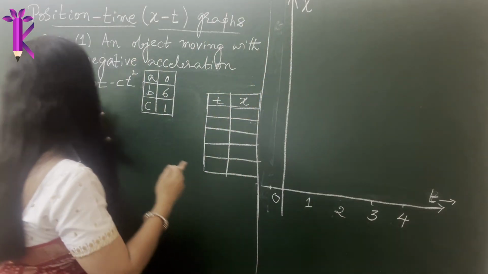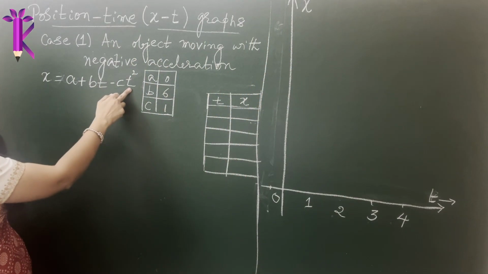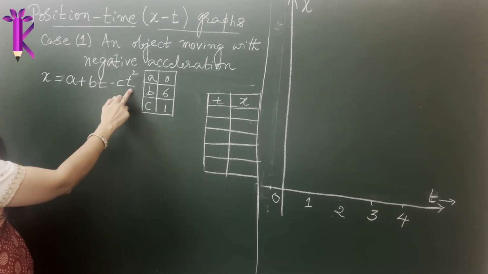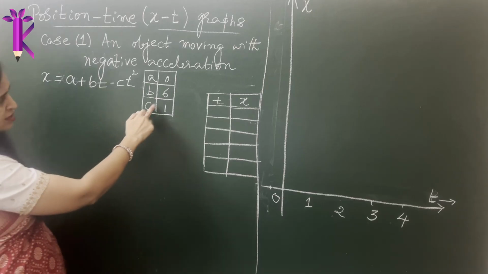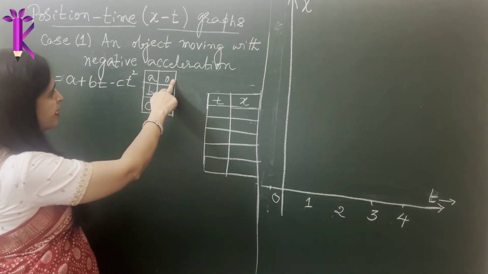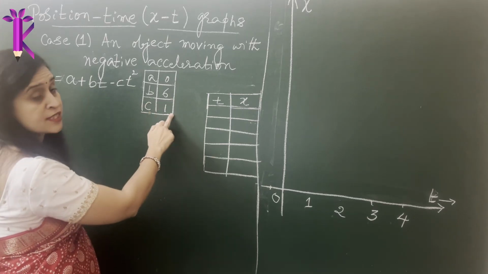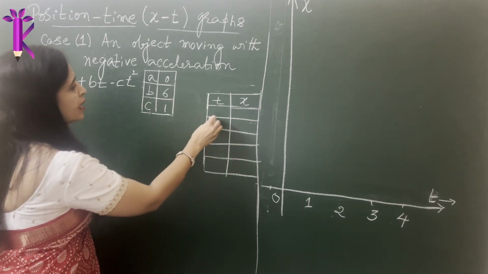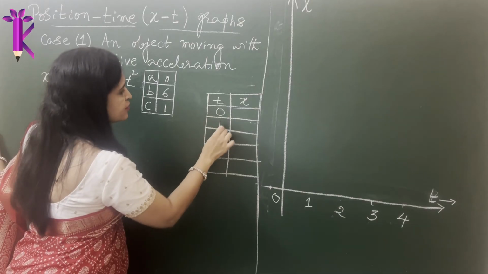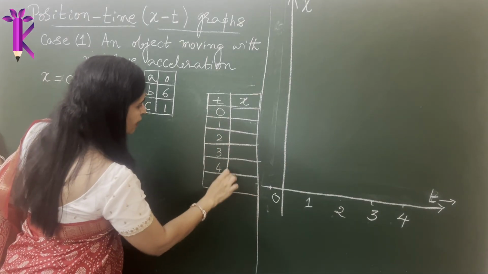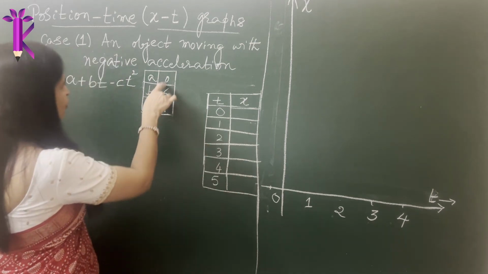So here I have taken this equation where x and t are related by x is equal to a plus bt minus ct square, where a, b and c are some constants. I've assumed the value of a to be 0, b to be 6 and c to be 1. Now we'll calculate different values of x for different values of time.